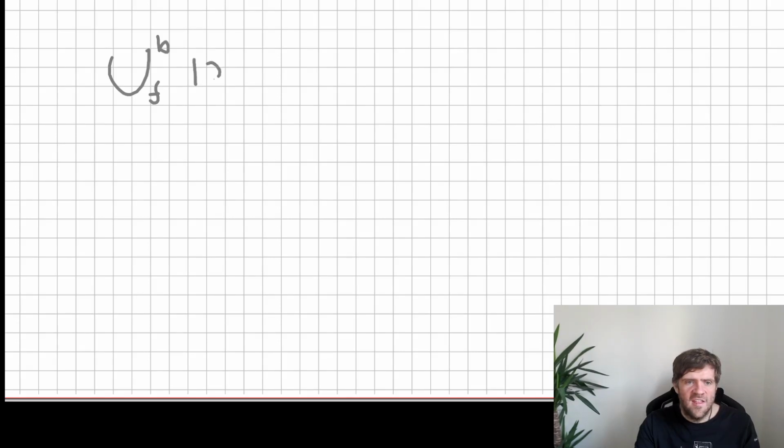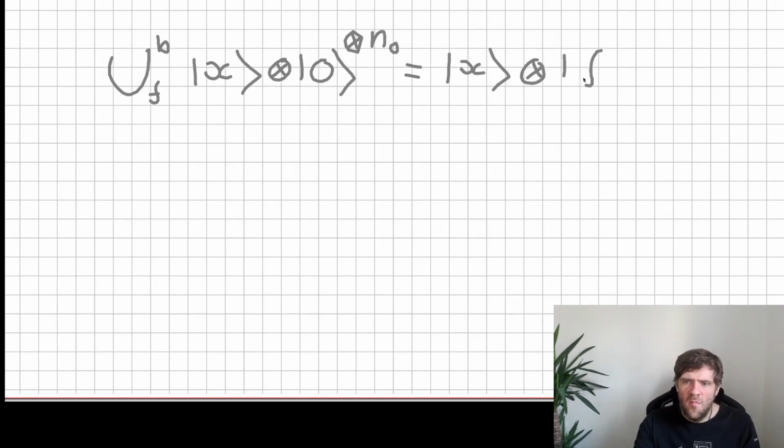It takes an input encoded in a bunch of qubits. It takes a bunch of blank qubits, so let's do that to the power of N_O. And it turns this into the input, again unchanged, but a copy, also the output written on the other register.